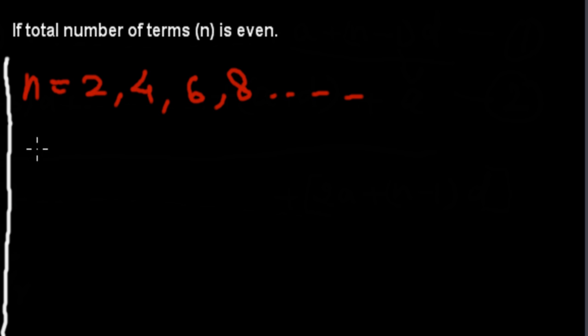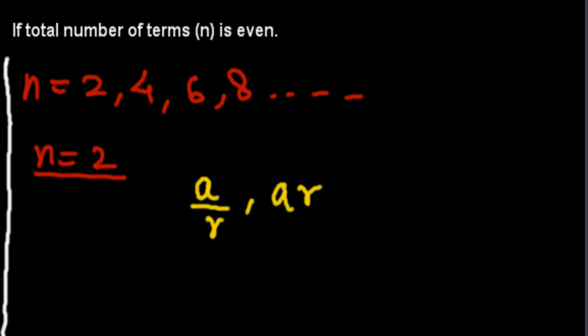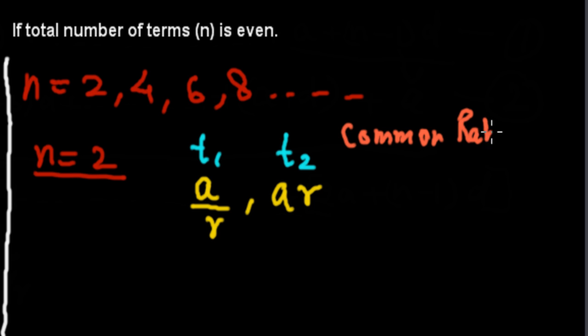If n is equal to 2, then what will happen? The assumptions we have to take are a by r and ar. Here the first term is T1 and the second term is T2. Now we find out the common ratio, T2 upon T1.